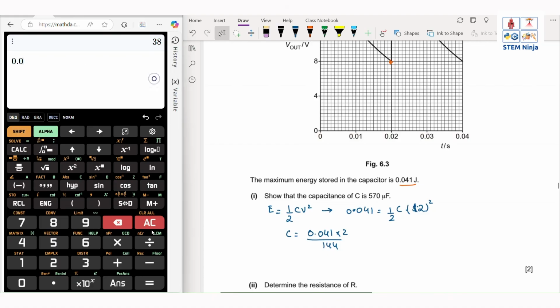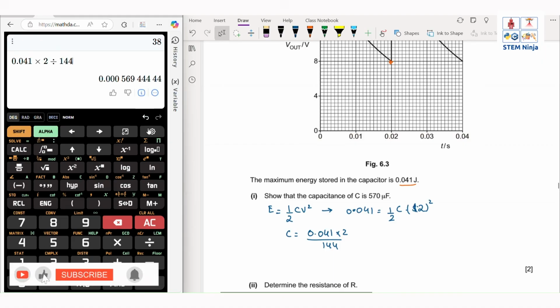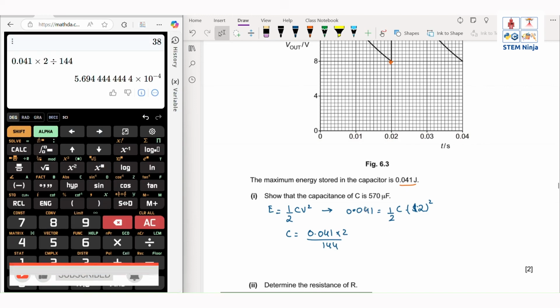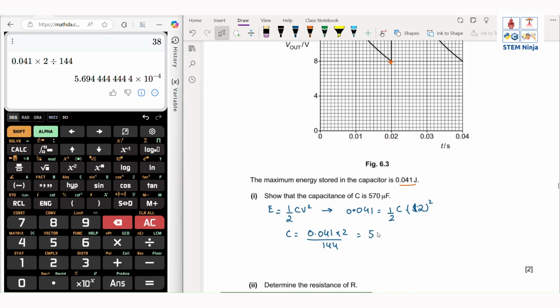If we convert this to standard form, we have roughly 570 times 10 raised to power minus 6, so 570 microfarad.